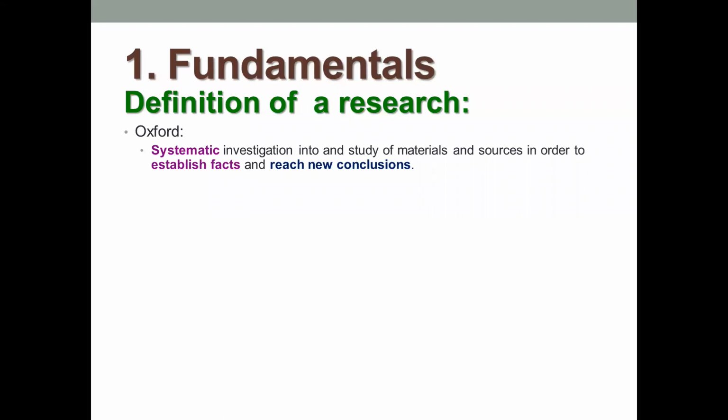It is a systematic investigation. In the first definition, you also said in a systematic way. New conclusion means the solution to the problem. That again, you all told me. And also this one, establish facts.